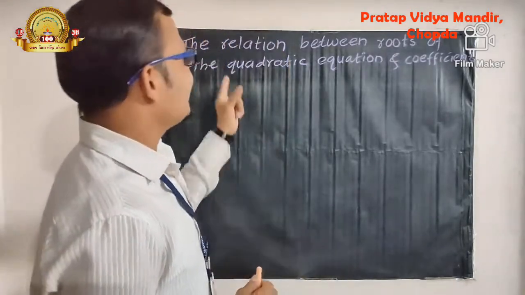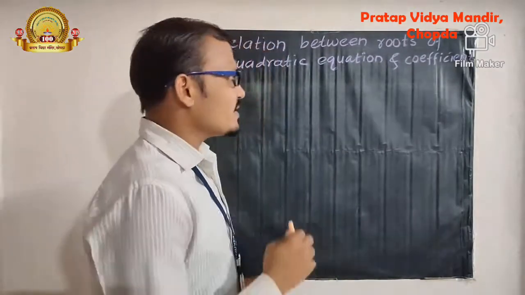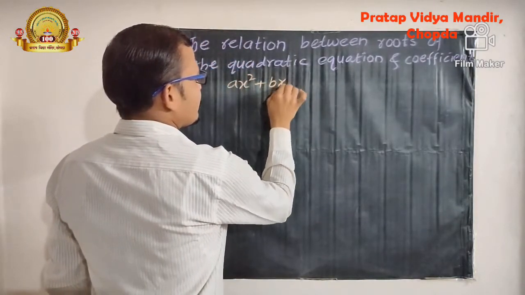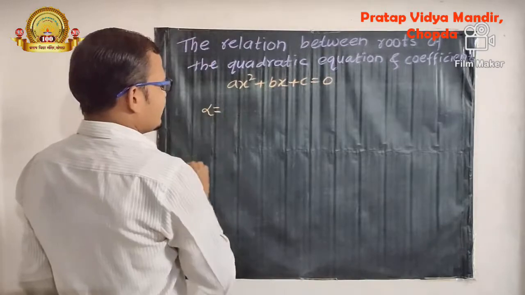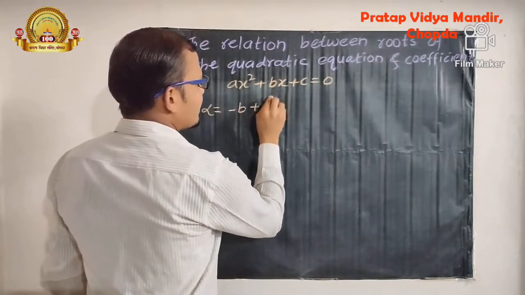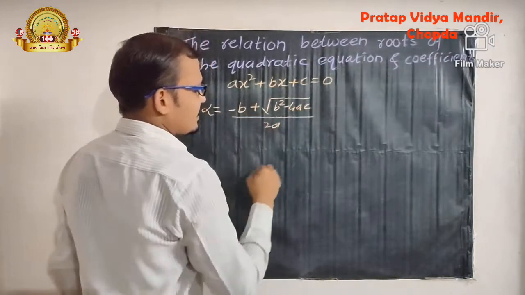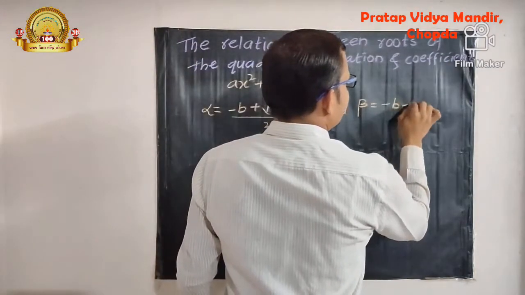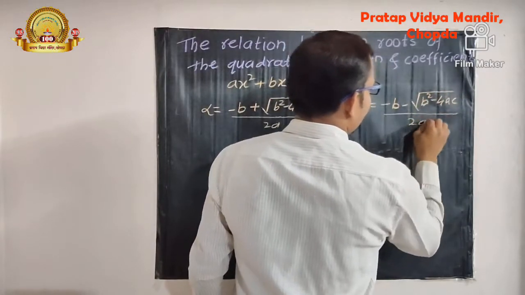Then our next topic is the relation between roots of the quadratic equation and coefficients. Friends, if we let alpha and beta be the two roots of the quadratic equation ax² + bx + c = 0, then we have alpha = (-b + √(b² - 4ac)) / 2a, and beta = (-b - √(b² - 4ac)) / 2a.